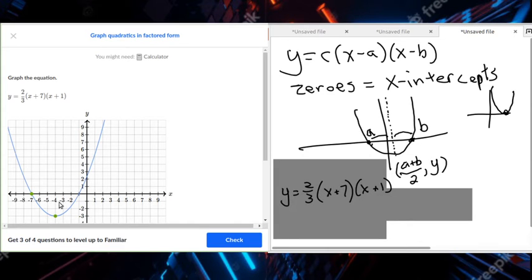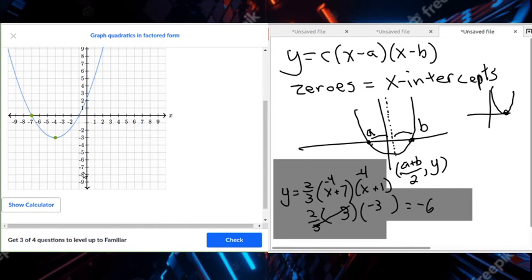And here it's -4, so our x is -4. So it's going to be -4 plus 7 and -4 plus 1. -4 plus 1 is -3, and -4 plus 7 is 3. And you're going to see that all the time. That's really what's going to happen basically every time. So in here, I've got 2/3, so I've got canceling there, and 2 times -3 is -6. So my y over here is at -6.